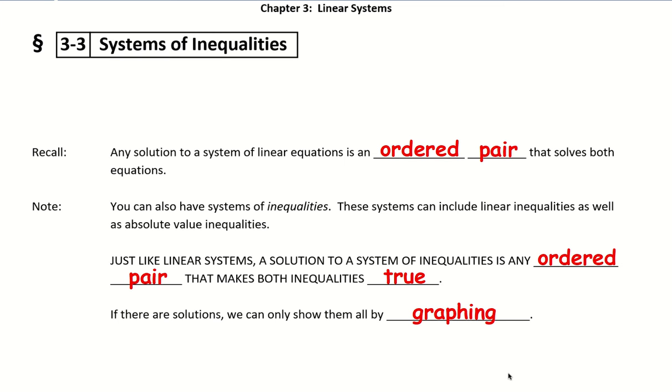Not only do you have the graph of your line or your v, but because it's an inequality, now you have all of the shading you need on your graph to represent all the solutions that are either above your line or v or below your line. But we'll see that here, okay?